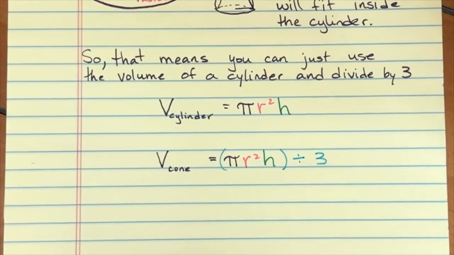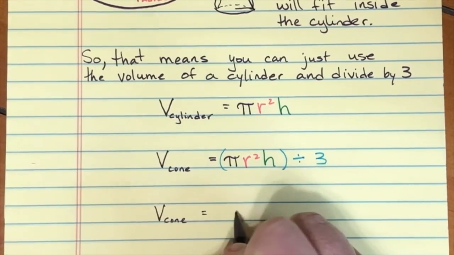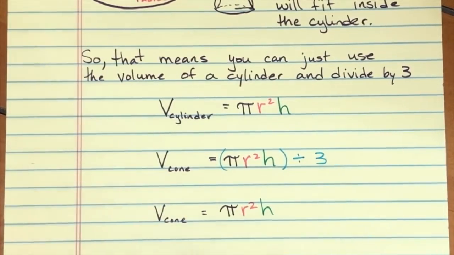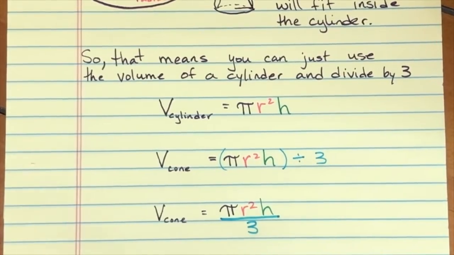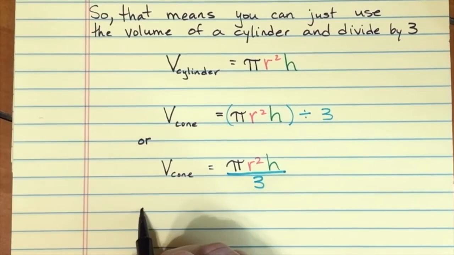Now that kind of looks like some math, but that's using that old-timey division symbol. We try to get away from that. So how else can we write that in 8th grade math, or as you're going forward into high school? The volume of a cone, we can write as pi r squared times h, and then the whole thing divided by 3, the whole volume of that cylinder divided by 3.